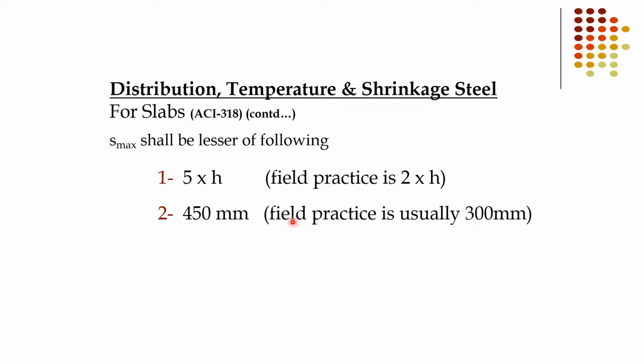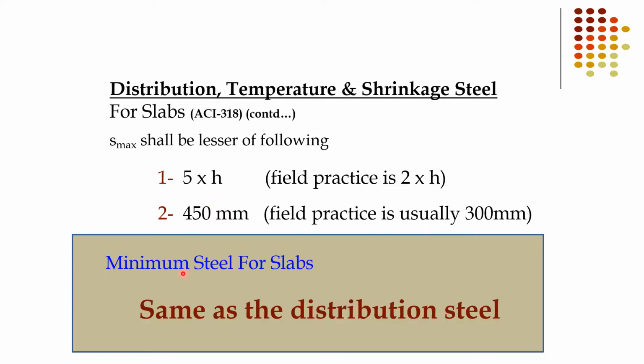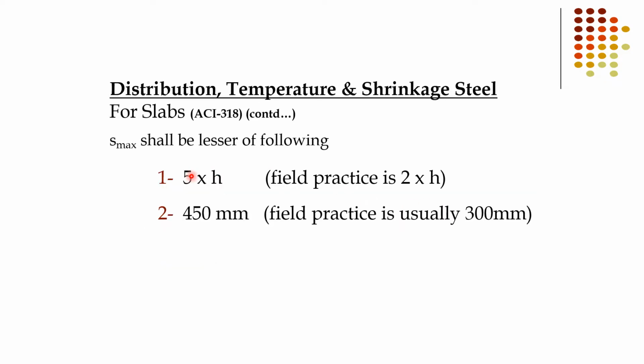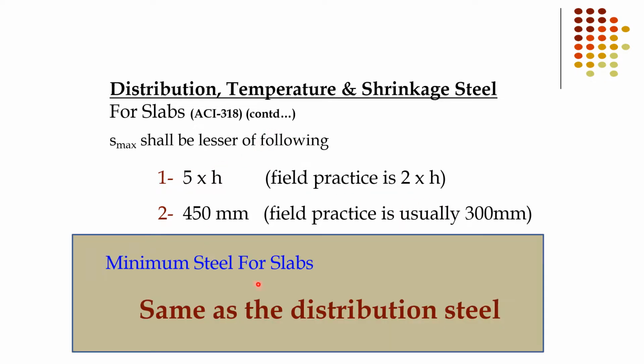But you can also use the code one. For the minimum steel in slab criteria, the distribution steel which we got from the previous calculation, depending upon the grade, will act as the minimum steel of the slab. If we want to check whether our provided steel is greater than the minimum, we check against the distribution steel.